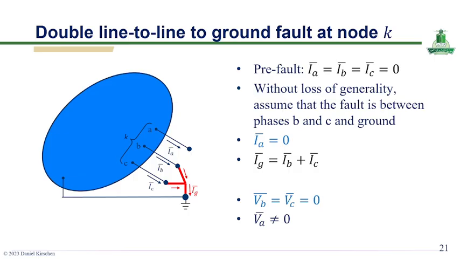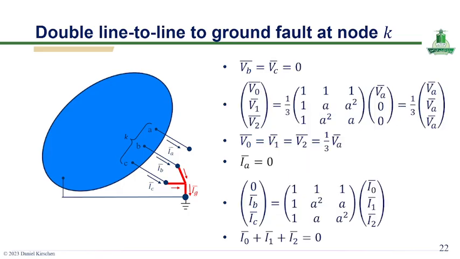The diagram visually illustrates the current path and grounding point, highlighting how fault currents flow from the affected phases into the ground. This scenario is essential for understanding unbalanced fault behavior and serves as a basis for applying symmetrical component analysis in power system fault analysis.